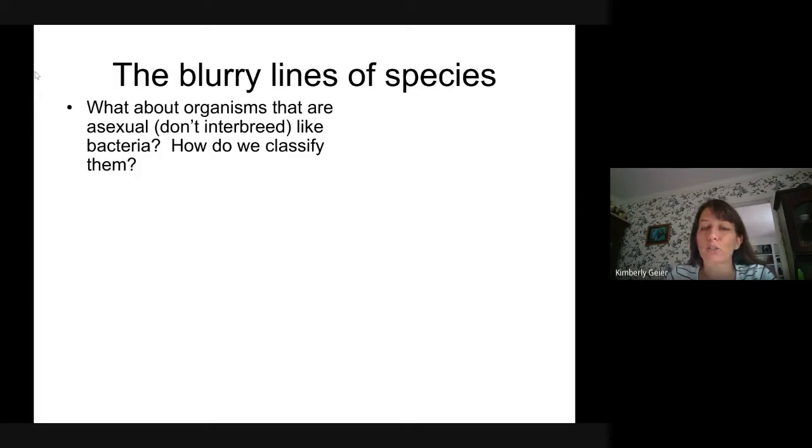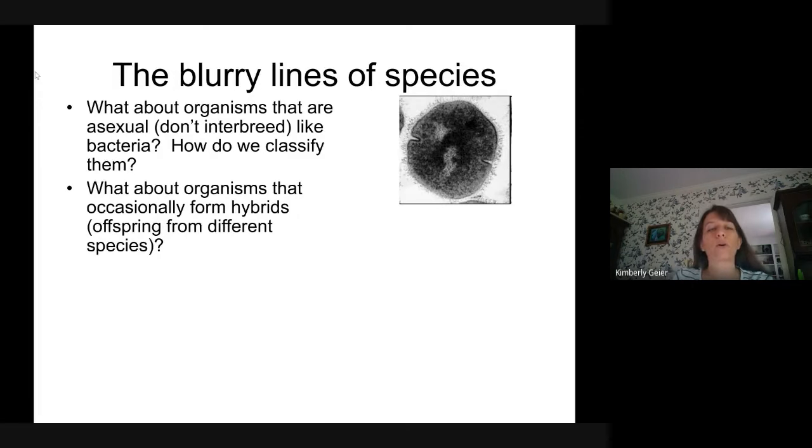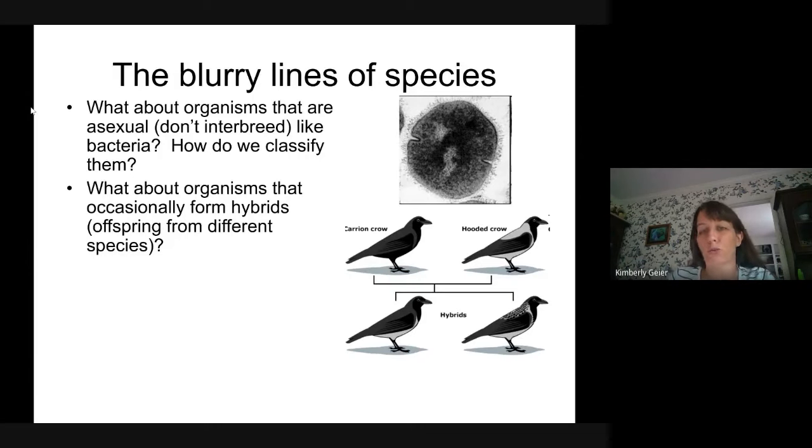What about organisms that are asexual? If they don't interbreed, like bacteria don't interbreed, how can we classify them as a species? Or what about organisms that occasionally form hybrids? A hybrid is when two different species actually reproduce and have offspring, like these crows, carrion crows and hooded crows, can actually successfully have babies, and sometimes these babies can be fertile.